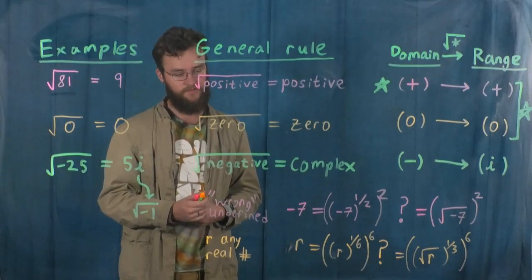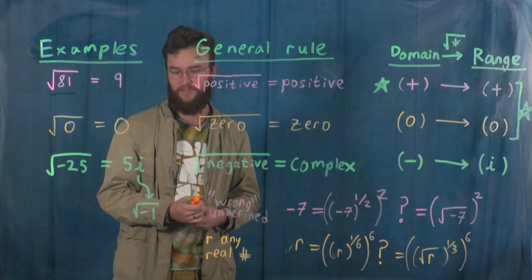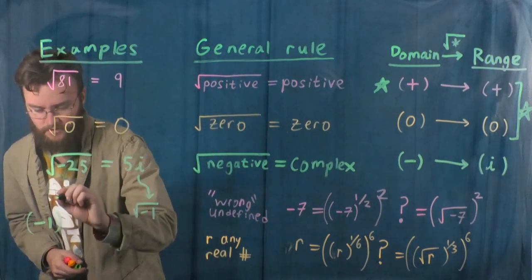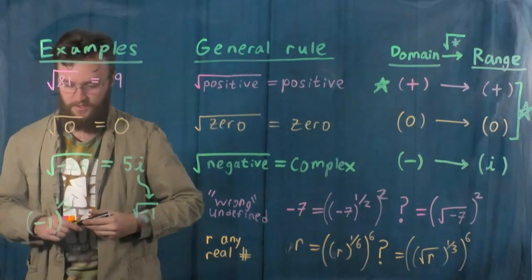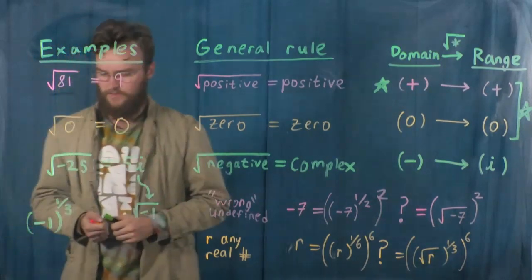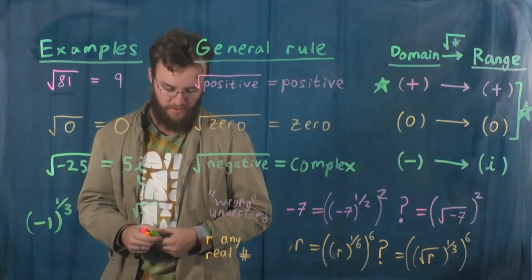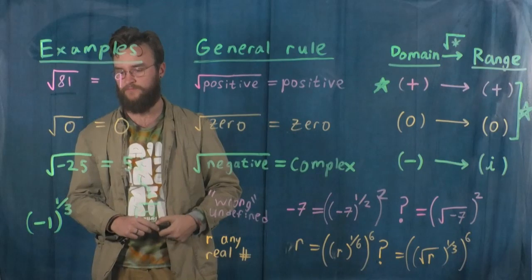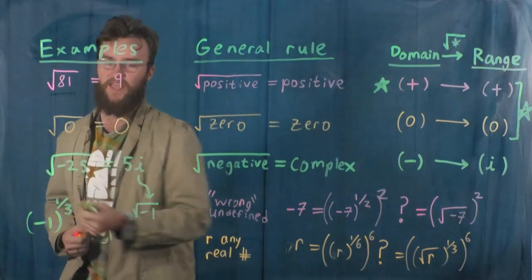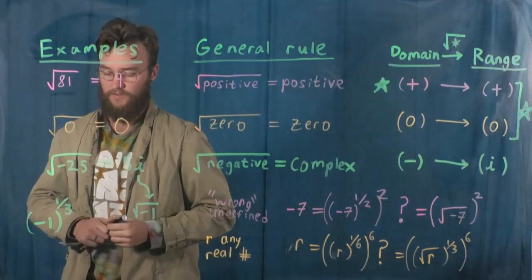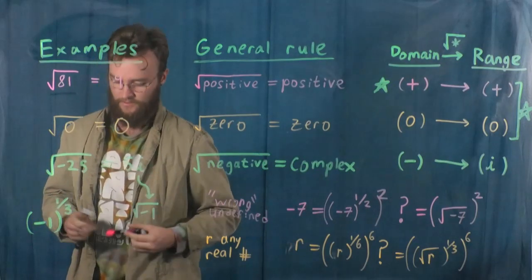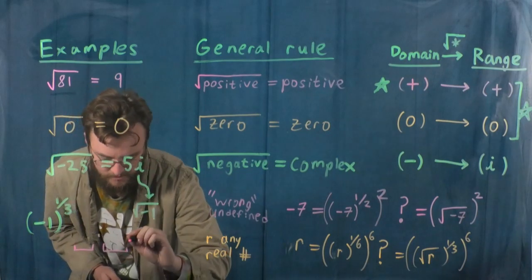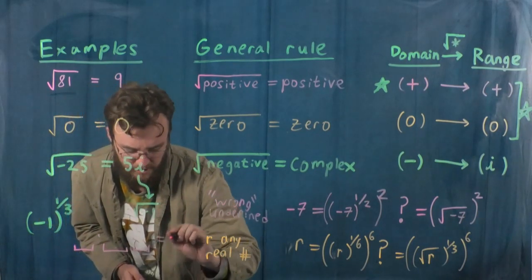Anyways, but you can have some exponents or some roots that do make sense for negative numbers. So for example, if I have -1, I take the third root of it, and we ask, okay, well, third root of -1, is there a number that we can hand to the third root and it gives us back? What number do we get when we hand -1 to the third root? And this is the same as asking what number times itself 3 times is equal to -1.